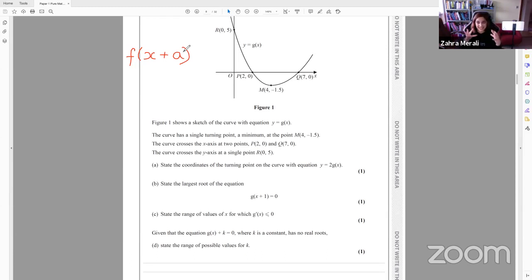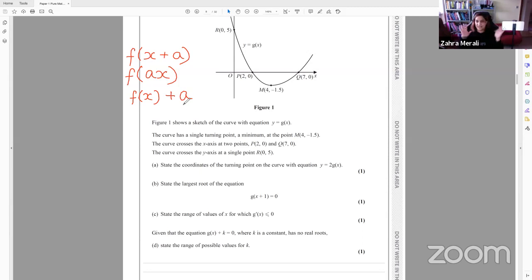The x's do the wrong thing, okay? They're like your ex-boyfriends or girlfriends or ex-partners. They do the wrong thing. So if it's plus a, it really does minus a. If it says it's multiplied by something, it really means you divide by it. So anything inside the bracket affects your x coordinate. If you've got something outside a bracket, it affects the y coordinate.